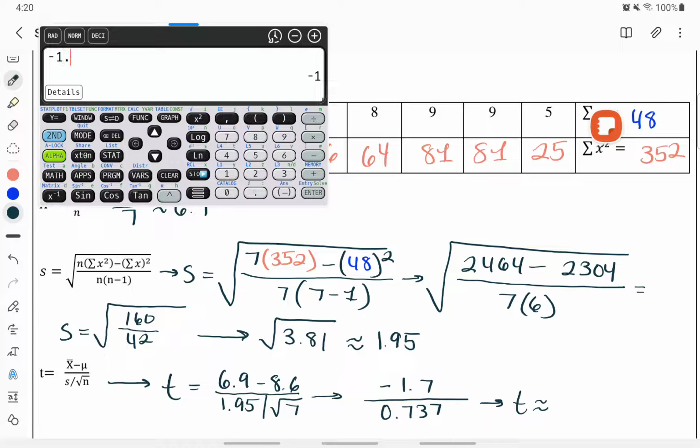Negative 1.7 divided by 0.737. T is equal to negative 2.307. And that is how we computed our test value.